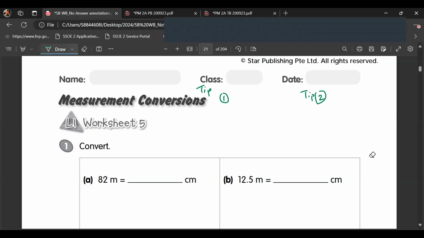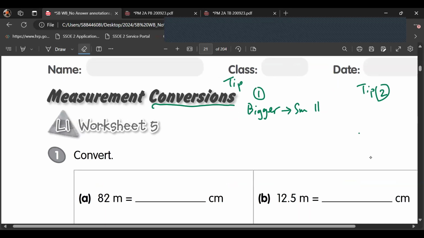So tip number 1, when I convert measurements, when I go from a bigger unit to a smaller unit, what do I do? I multiply. I will choose multiply.